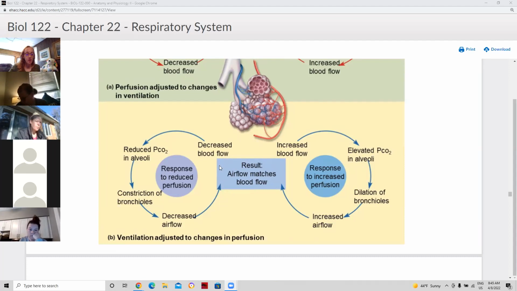So now, for example, if we have decreased blood flow, so now it's the perfusion that's dropped, we have reduced partial pressure of carbon dioxide in the alveoli because the blood isn't bringing in carbon dioxide.